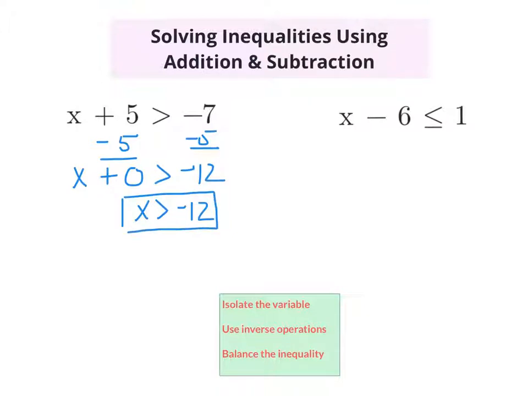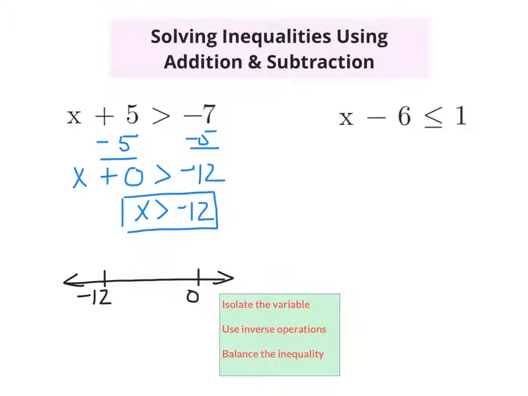Now, one extra thing we have to do when we solve inequalities is graph the solution set. So I'm going to make what I call a cheesy graph, where I just put 0 and the solution number on the graph.